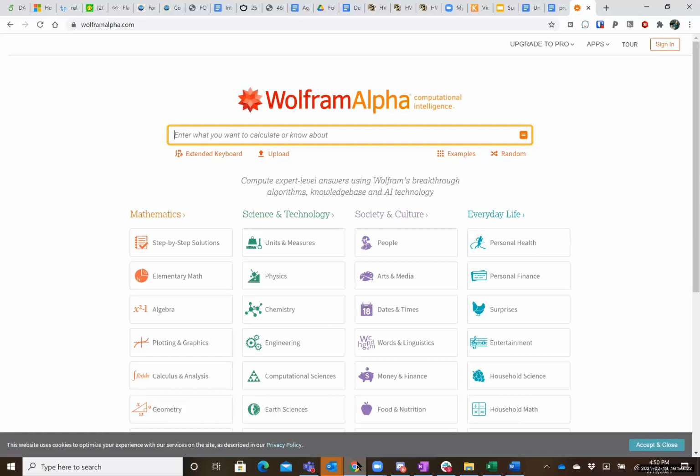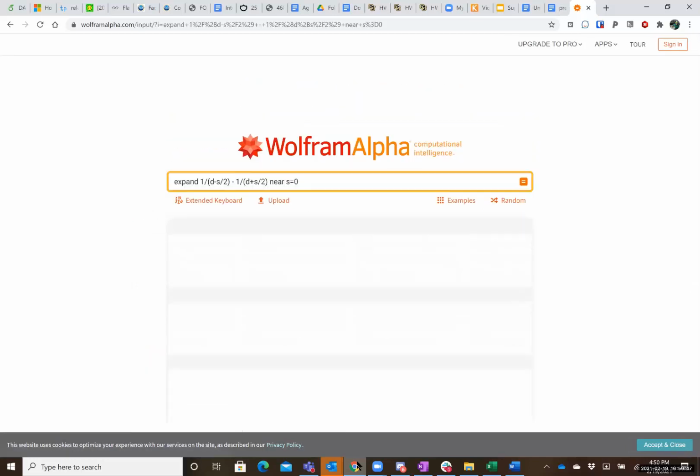So then let's see if Wolfram Alpha will help us out. Okay, so we have 1 over d minus s over 2 minus 1 over d plus s over 2, expand, try near s equals 0.